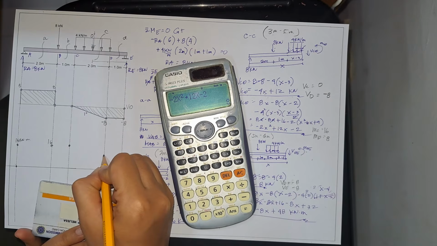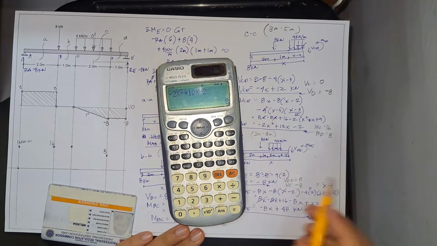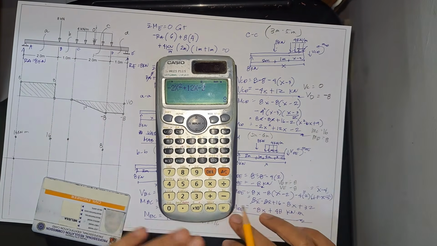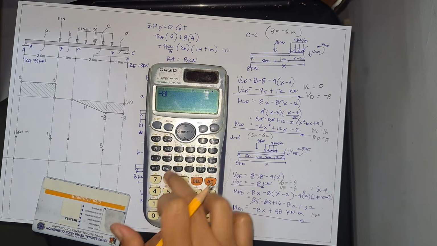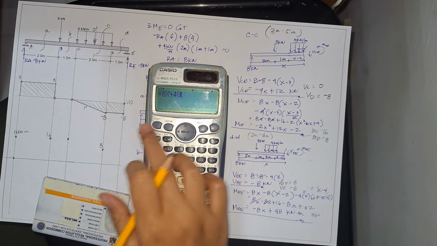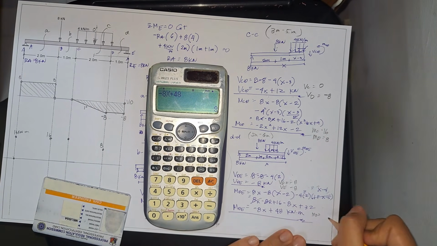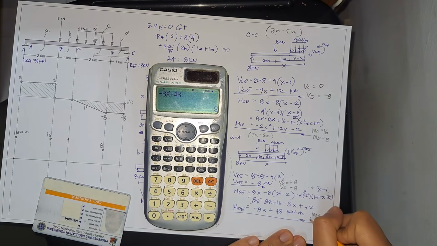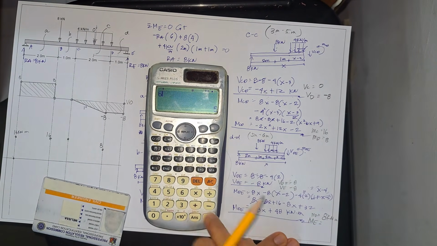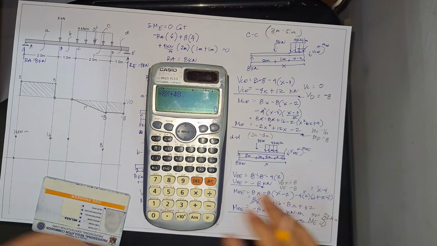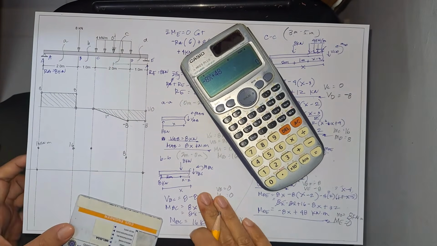And then, 8 kilonewton meter. Tapos, moment at point D na po tayo. Last segment na. So negative 8x plus 48. X is 5. So dapat 8 yung makuha natin dyan. Tama. 8 kilonewton meter. And then moment at point E, ang x natin is 6. So 0. So 8 tapos napunta po ng 0. And nag-close yung ating moment diagram.